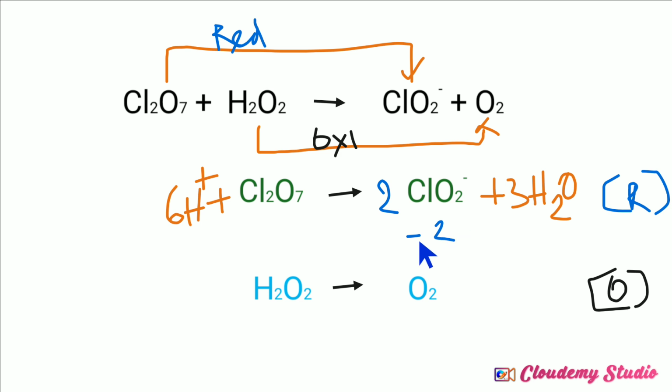But the left hand side, the total charge is +6, because this hydrogen ion has one positive charge, 6 times are there, therefore +6. So the charge on the left hand side is +6, but the right hand side is -2.